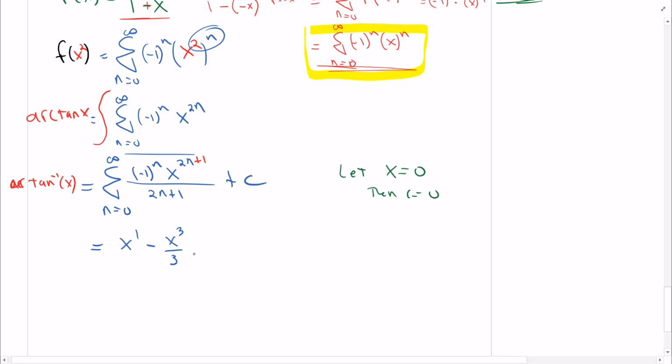Plug in 2, it's going to be positive x to the 5 over 5, plus so on and so forth. The interval of convergence, because we started with that geometric series, is still negative 1 to 1. The radius is 1, and the interval of convergence is negative 1 to 1.